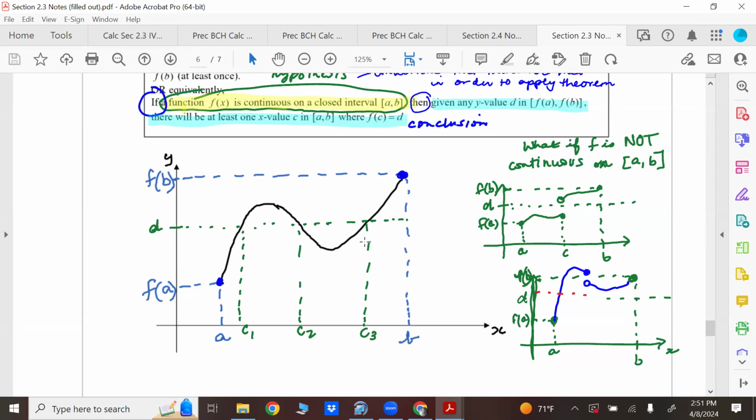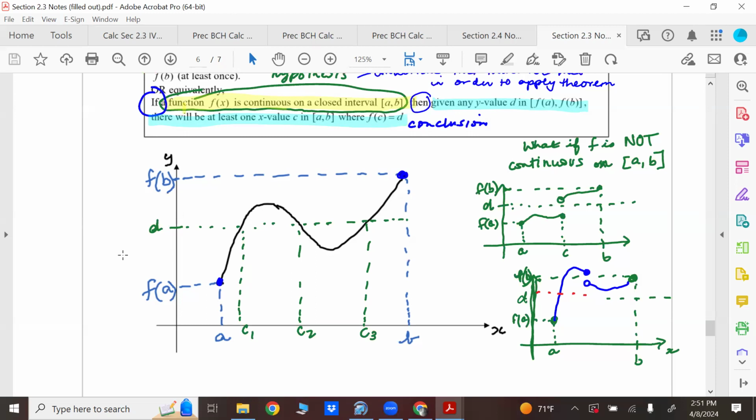And so that's the formality of it. If f(x) is continuous on a closed interval from a to b, at any given y value d in between f(a) and f(b), there will be at least one x value c in a and b where f(c) equals d. That makes sense. And you have to be closed, because what is open, right? Do I know the lowest y value?